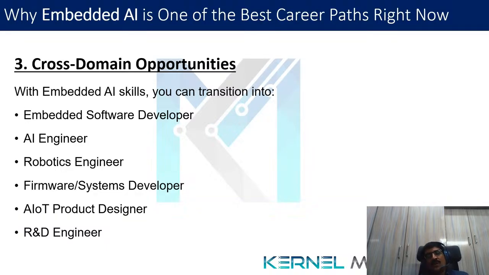You can move to traditional AI engineer, embedded software, embedded AI, maybe in future general AI also, robotics, firmware programmer, advanced IoT product designer, R&D engineer. Many kinds of opportunities are there.